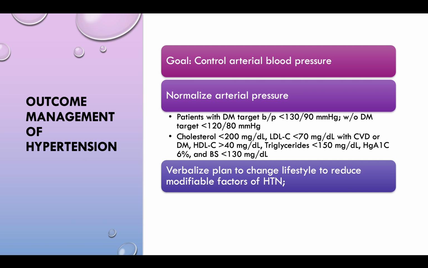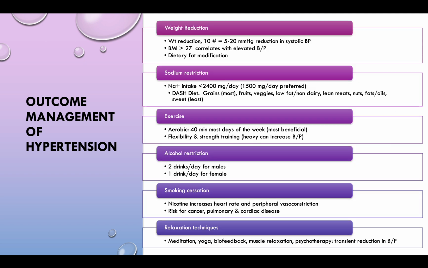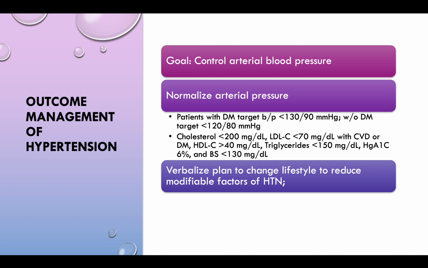You can see those numbers up here with cholesterol, LDL, HDL, triglycerides. Those are goals on where we would like to keep our patients' numbers. And we also know that diabetes can play a big role in hypertension, and so keeping our A1C and our blood sugars within good goals.